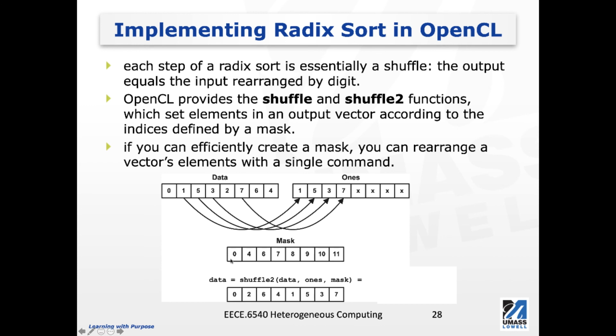So let's look at the values in this mask. We have 0, which means to generate an output vector, we're going to be getting the numbers from the location with index 0. So it's actually pointing to this location. So with this 0 in the mask, we're getting the value from this location and putting it into the output vector. The second element in this mask array is 4.